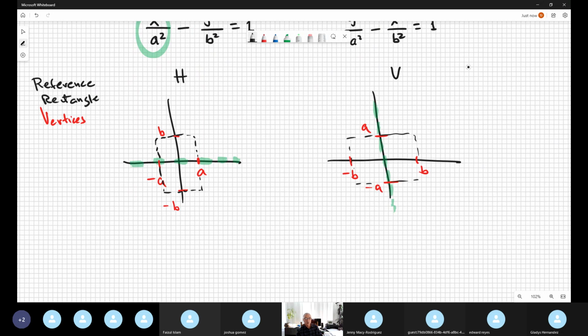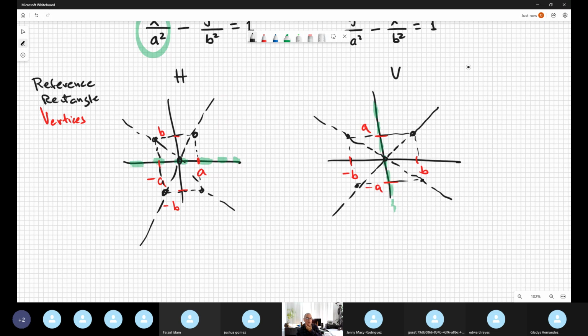And you join the corners of the rectangle in that way, passing through the center. Here, exactly the same. Passing through the center, guys. And this is the asymptote. This is the asymptote line, any hyperbola has.